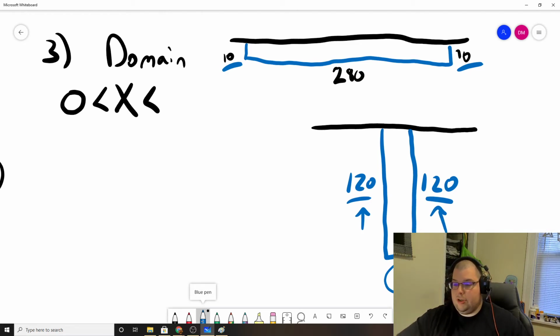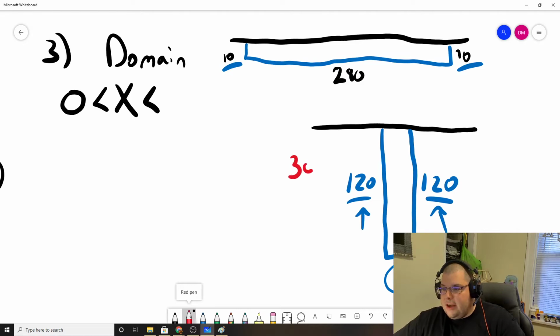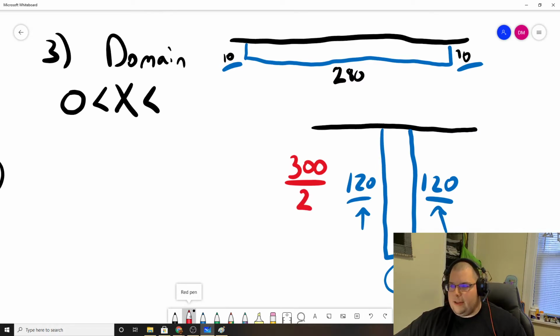And so to find out how much I can use, I take the total amount of fencing I have, in this case 300, and I'm going to divide it amongst the number of x's I'm using, which is 2 x's each time. One for the left wall, one for the right wall. And that tells me I'm using 150 meters of fencing as the most I could use.